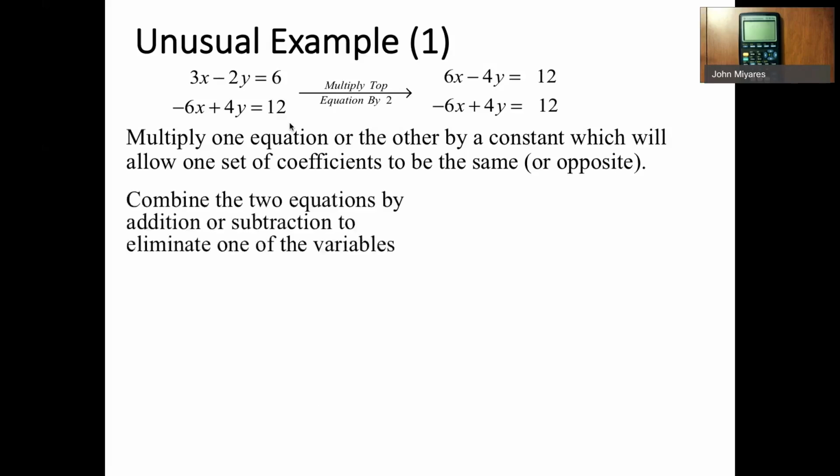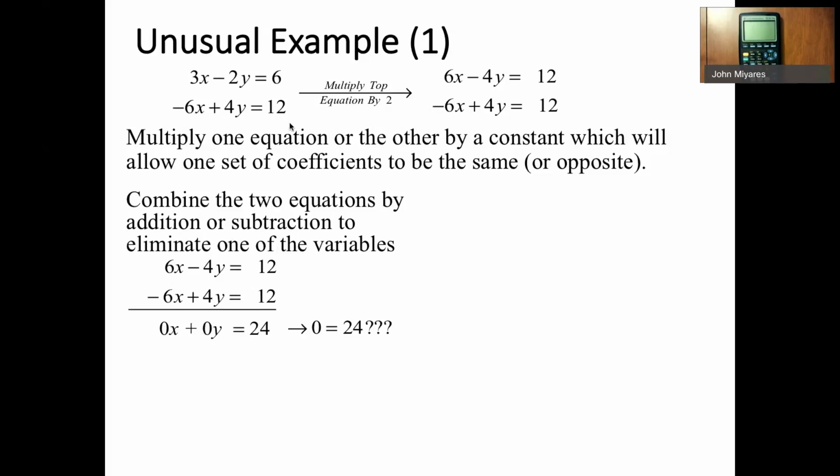When we combine these two equations in order to eliminate some of the variables, what happens is that both the x and the y fall out, leaving us with 0x plus 0y equals 24, which for all intents and purposes becomes just 0 equals 24?